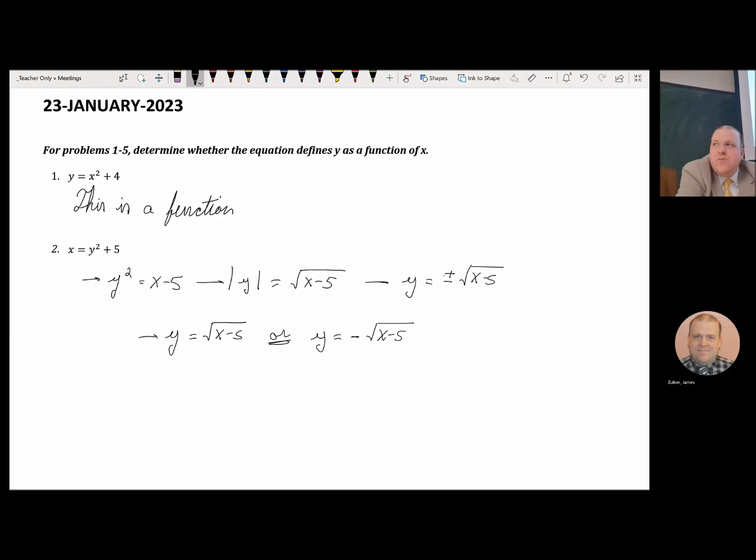y is either the positive root of x minus 5 or the negative root of x minus 5. So if you pick any value for x, you get 2 values for y.